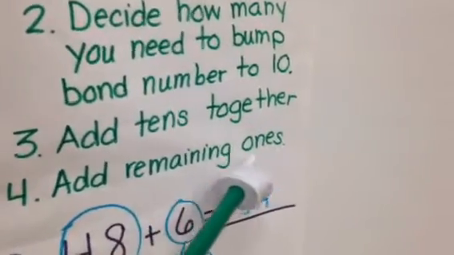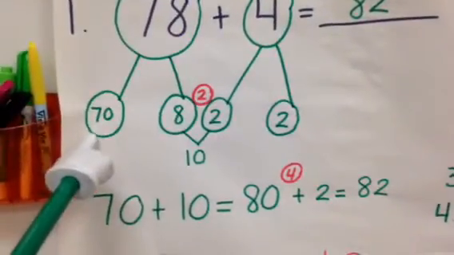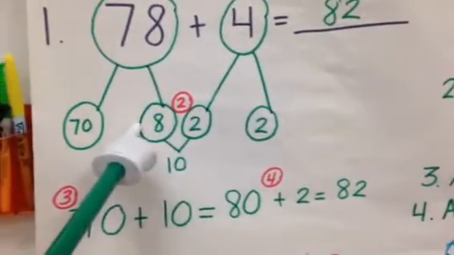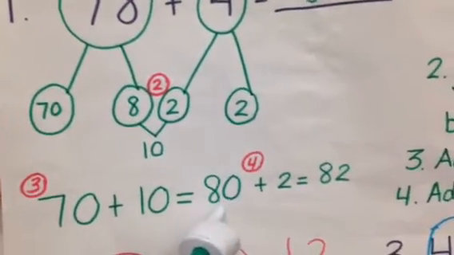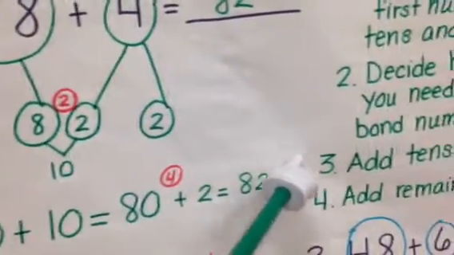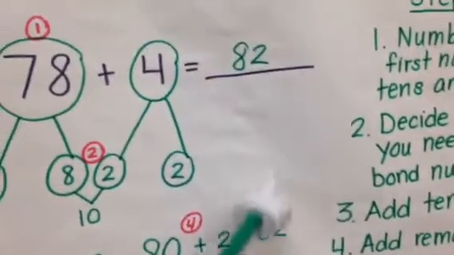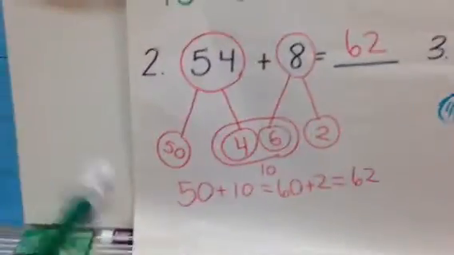Add the remaining ones. Well, we used our 70, we used our 10, so what's left over? Our 2. So you're going to have the 80 plus the 2 is giving you your answer of 82. That's your final answer.